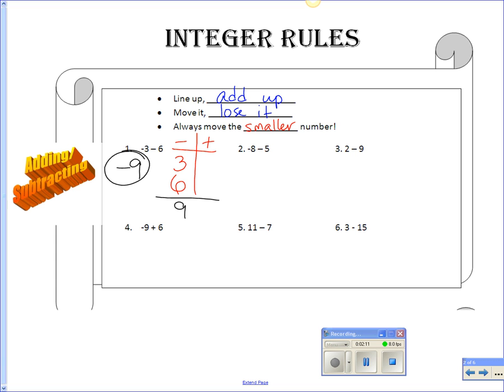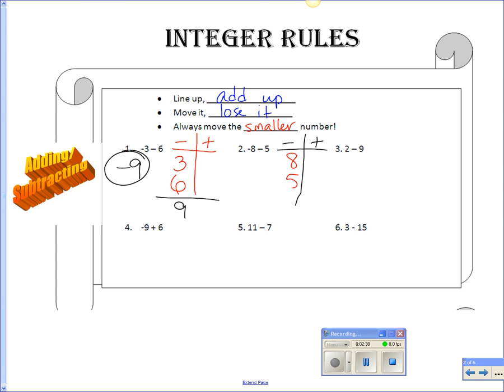All right, number 2, we're going to try the chart again, just so you can get a feel for it. So you got a negative, positive chart. All right, do we think 8 is positive or negative? Negative, so it goes on the negative side. Don't put a negative in front of it. Just put an 8, just regular old 8. Minus 5 is the same thing as 5 being negative.